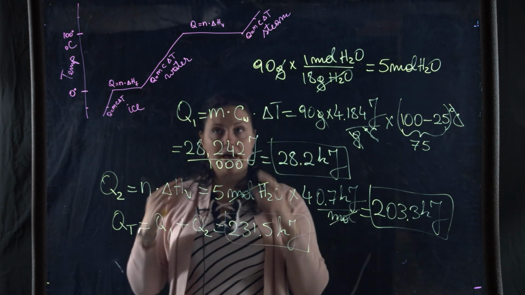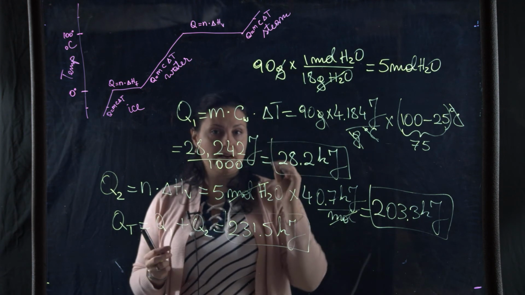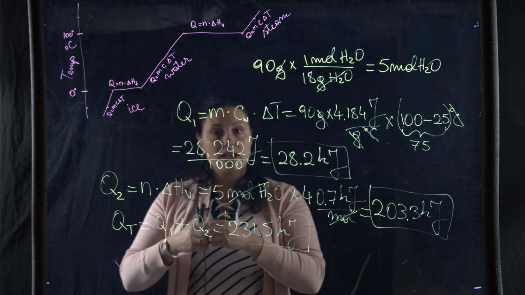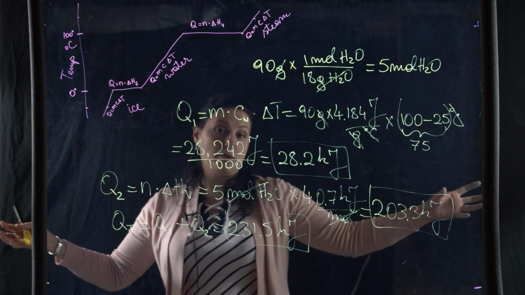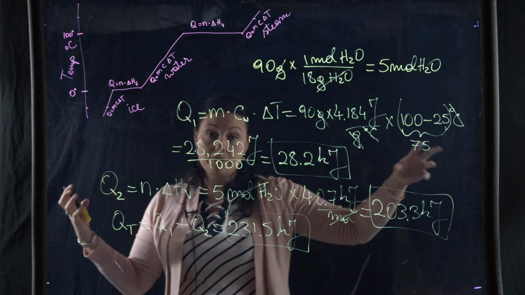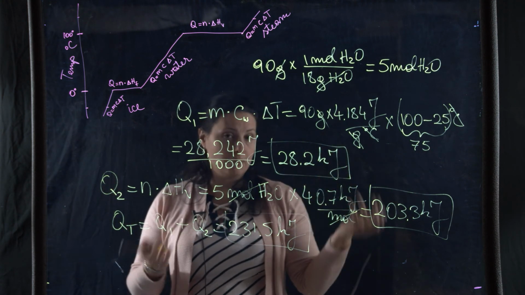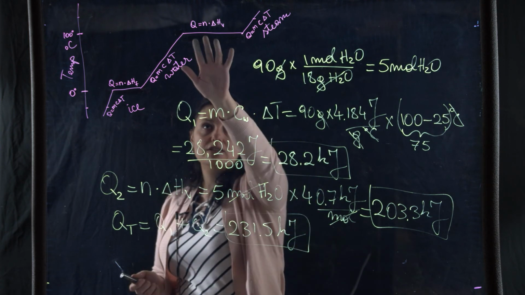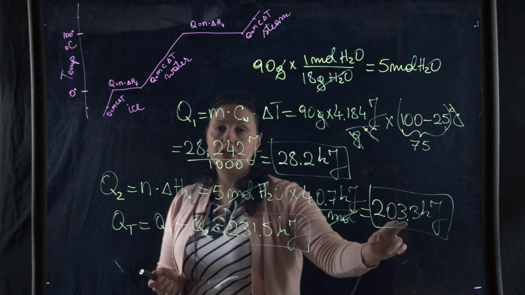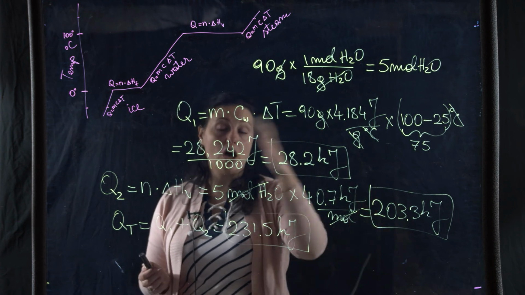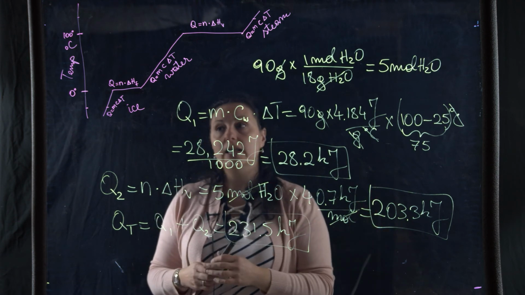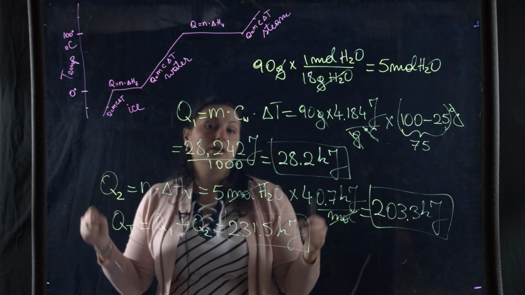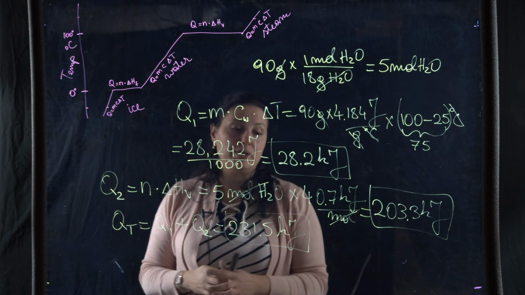That's because, think about it, what's happening here at the molecular level, I am taking those molecules in the liquid phase and I am breaking them so far apart to enter the gaseous phase, and that requires a lot of energy. So that is why this energy here is the largest of all of them, because it requires a lot of energy to break those liquid molecules apart and take them so far apart that they will be in the gaseous phase.